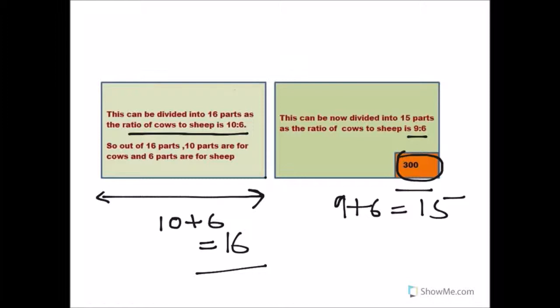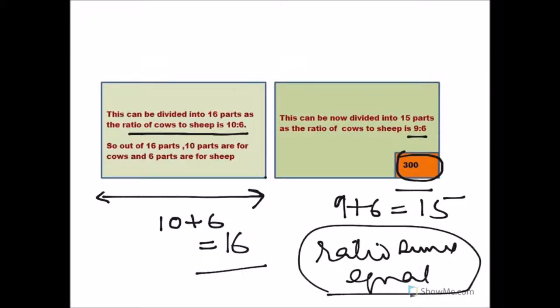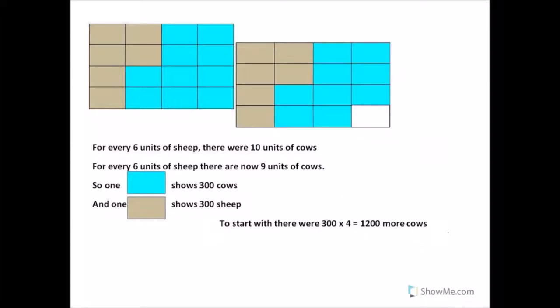You should always remember, when we are doing ratio sums, all parts have to be equal. If they are not equal, there is no way you can find the ratio. So the earlier rectangle was equally divided into 16 parts.